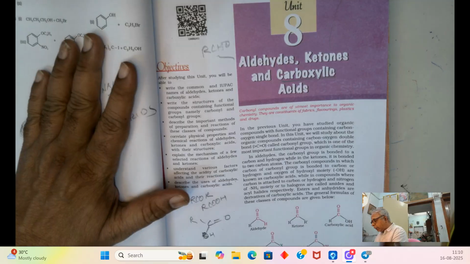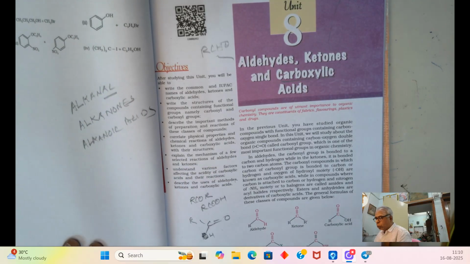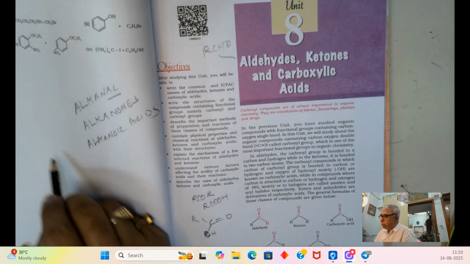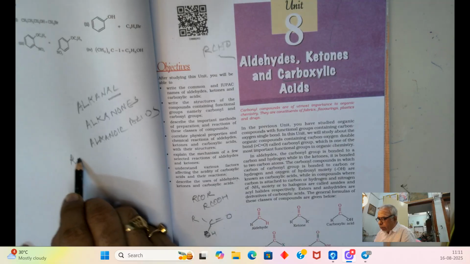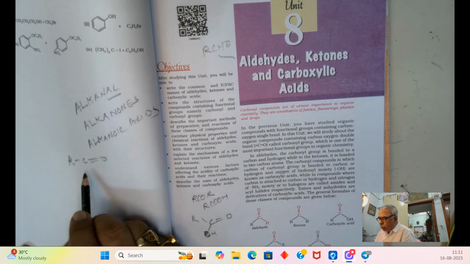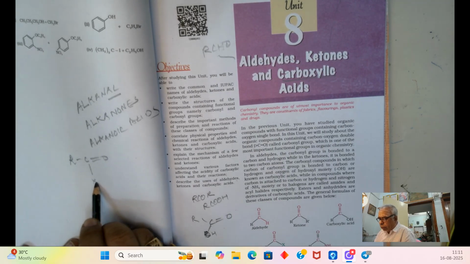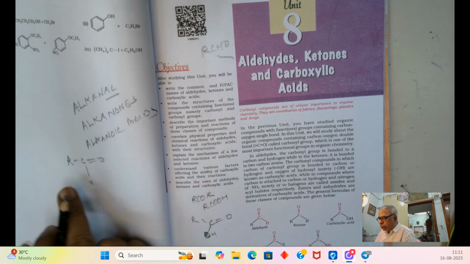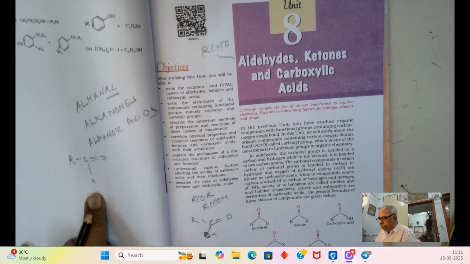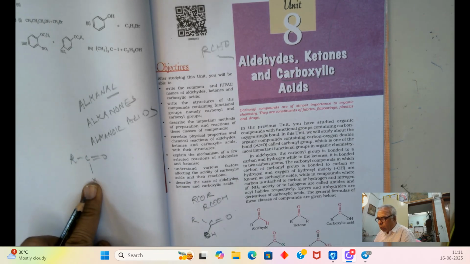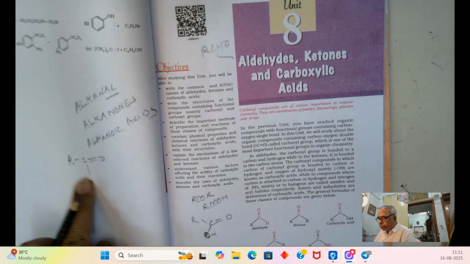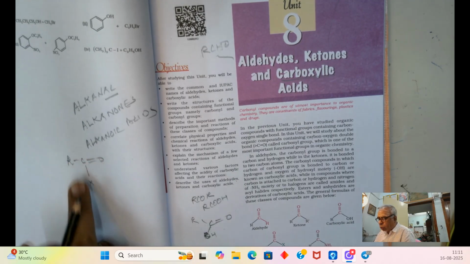And we have got other derivatives of carboxylic acids also. For example, you have R C double bond O. Instead of OH, you can put halogen. They are called alkanoyl halide. When you put chlorine, alkanoyl chloride. For example, CH3 C double bond O Cl.